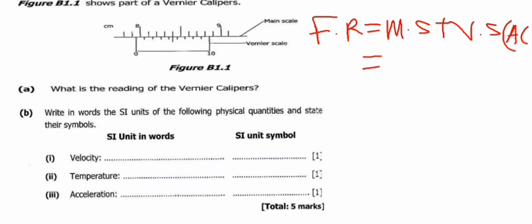You take the reading on the main scale before the 0 on the vernier scale. So we have the 0 on the vernier scale here. Now, on top here we have the main scale. To take the readings on the main scale, just take the reading before the 0 on the vernier scale. So before the 0 on the vernier scale, it is this one here that I have circled.